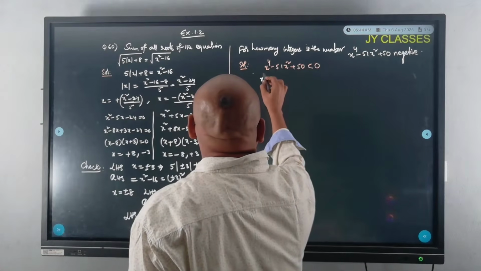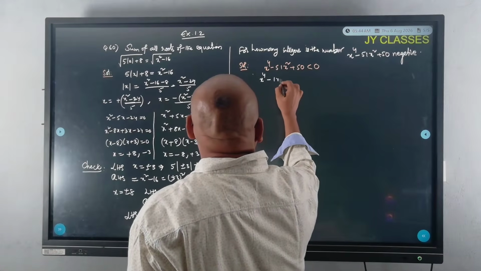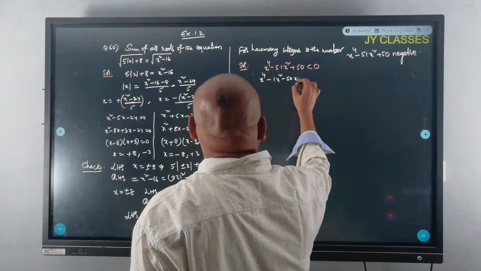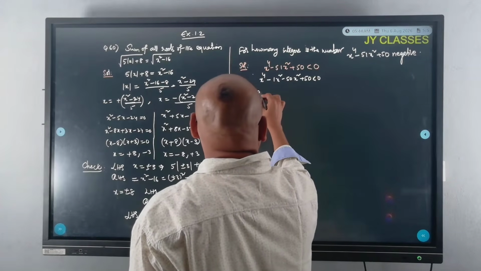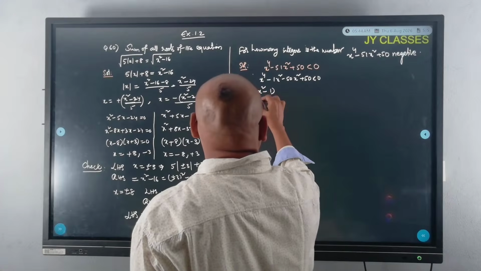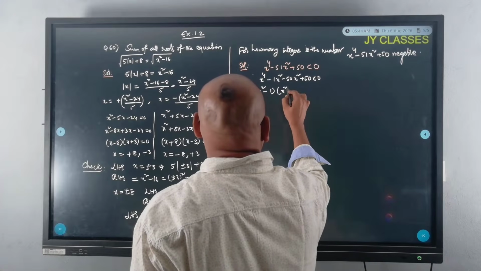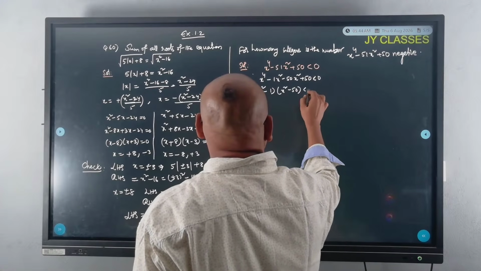So here it is x power 4 minus 1x square minus 50x square plus 50, less than 0. So this is x square minus 1 into x square minus 50 less than 0.